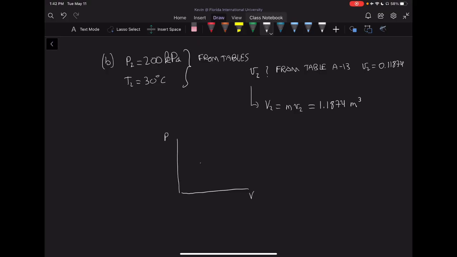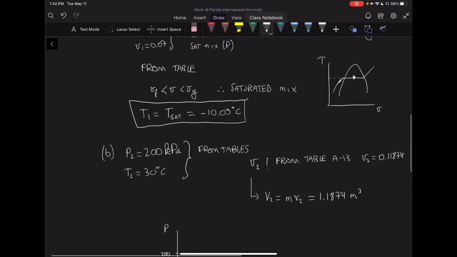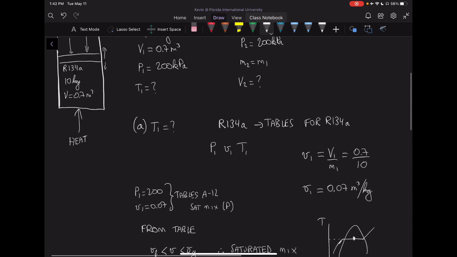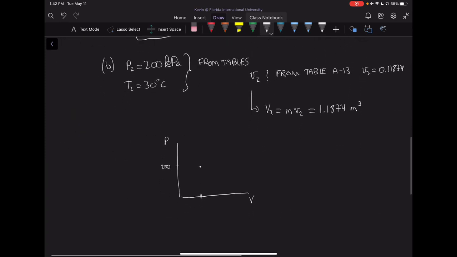So we know that pressure 1 is 200, and we know that volume 1 is equal to 0.7. So we have 0.7. And then we know that the pressure stays constant. It stays at 200, and our second point is 1.18. So our volume here would be 1.1874.